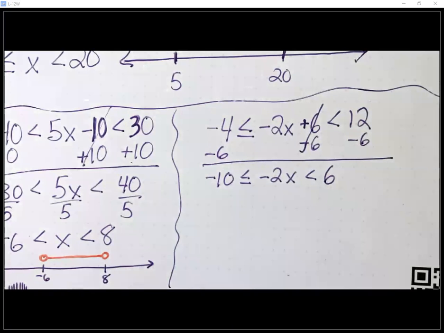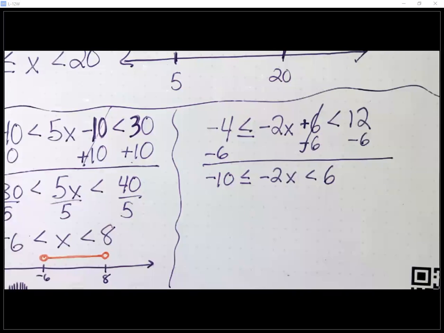Right, and everybody, what happens when you divide by a negative? The symbol's got to flip over. When we are dealing in inequalities, anytime you multiply or divide both sides, in this case, all three sides, by a negative, you got to flip the inequality symbol over. There's two inequality symbols. They're both going to get flipped here.